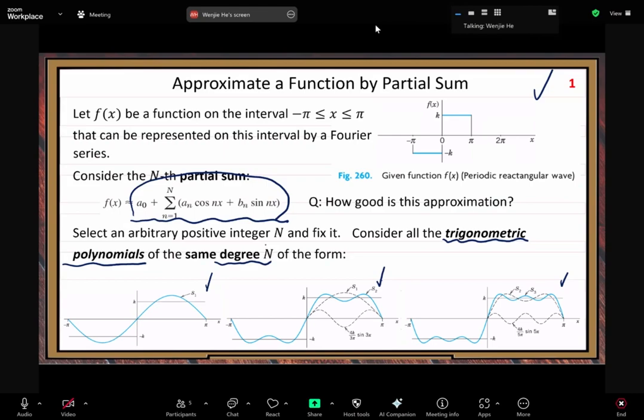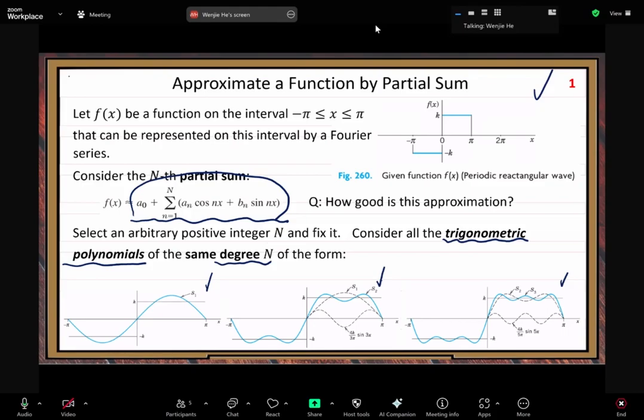Do you know why we can call this structure a trigonometric polynomial? If you want to connect this function to a polynomial function, because when you see this word, you may not be able to see the connection of this expression to a polynomial. Actually, there is some connection.